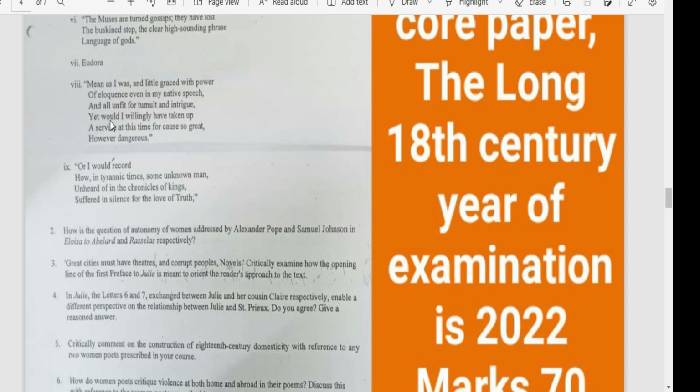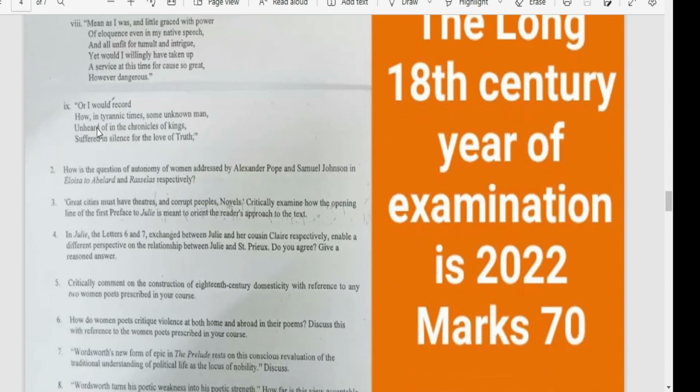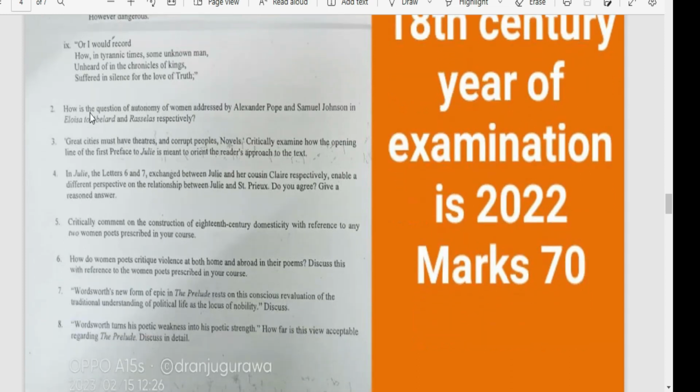Eudora, man, mean as I was, and little grace with power of eloquence even in my native speech, and all unfit their tumult and intrigue, you would I willingly have taken up as service at this time for cause so great, however dangerous. Or I would record how in tyrannic time some unknown man, unheard of in the chronic of the king, suffered in silence for the love of him.